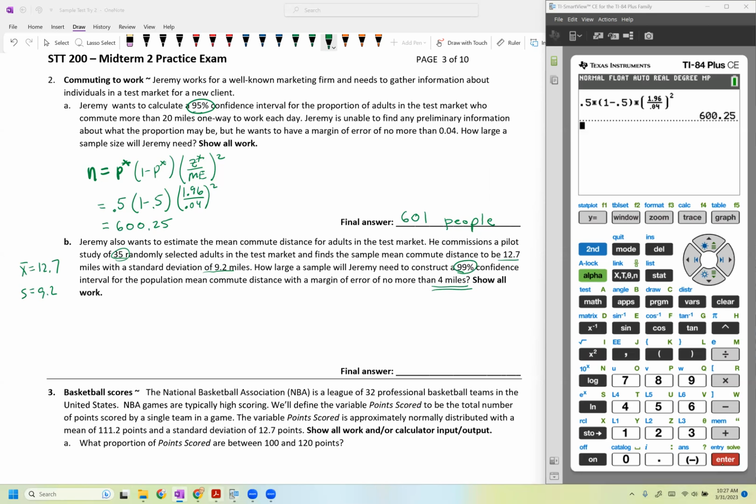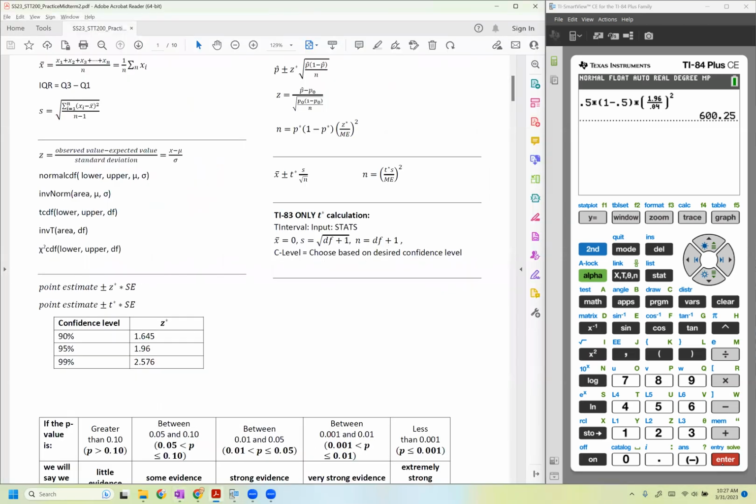If we go back to the formula sheet, our formula is here because we're dealing with means instead of proportions. It's n equals t star times s over me, squared.